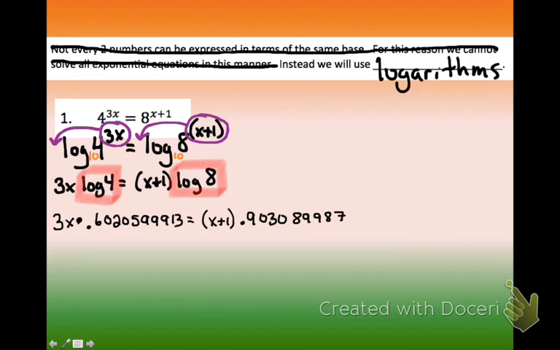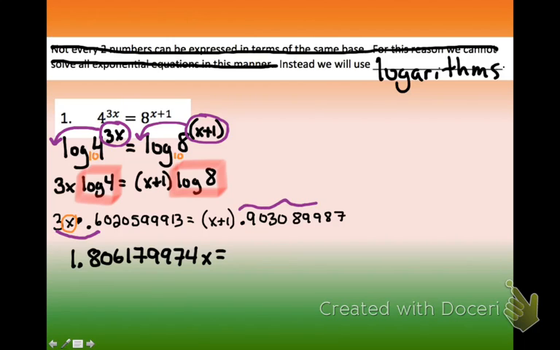So now, even though it looks kind of complicated, you just have a regular equation. Over here, you can multiply 3 times this number, and you'll end up with 1.806179974. And again, we have our x on the end there. Equals. Now on the other side, we have to do a little bit of distributing.